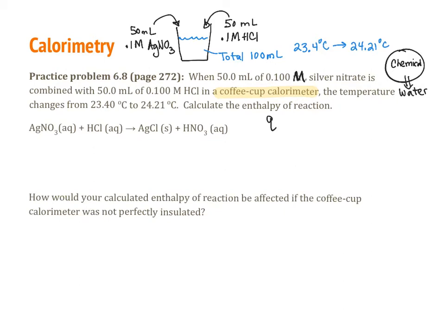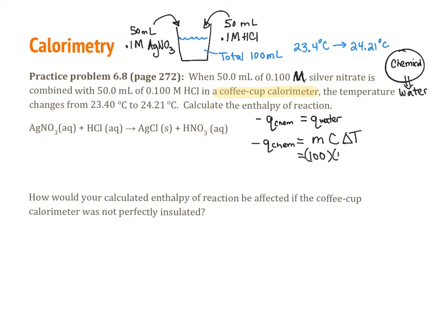So I need to think about energy conservation here. And I'm going to write my energy conservation equation as the energy lost by the chemicals in the reaction is equal to the energy gained by the water. And so I'm going to calculate the Q of the chemicals, which I don't know anything about yet, by first figuring out the Q of the water, which is a temperature change. It'll be MC delta T. I am going to make an assumption that because solutions are primarily water, and water has a density of 1 gram for every milliliter, the mass of our water is going to be 100 grams.